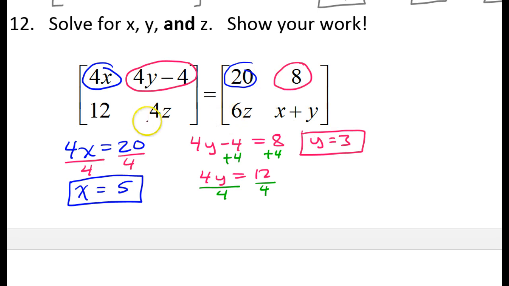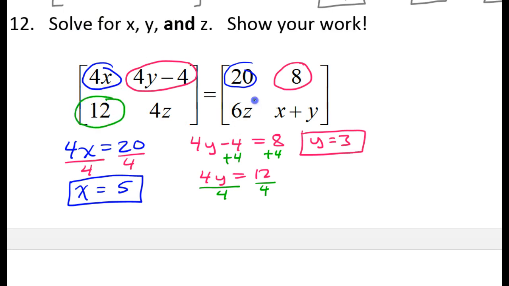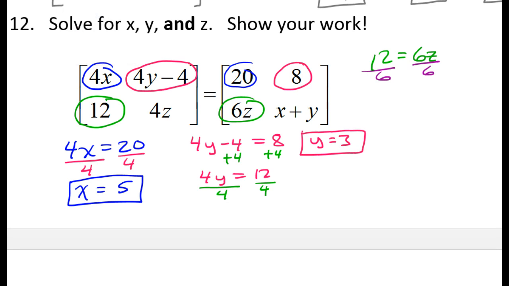Okay, how about z? 12 must equal 6z. So obviously if we just divide both sides by 6, we end up with z equals 2. So in the end, we have 5, 3, and 2.